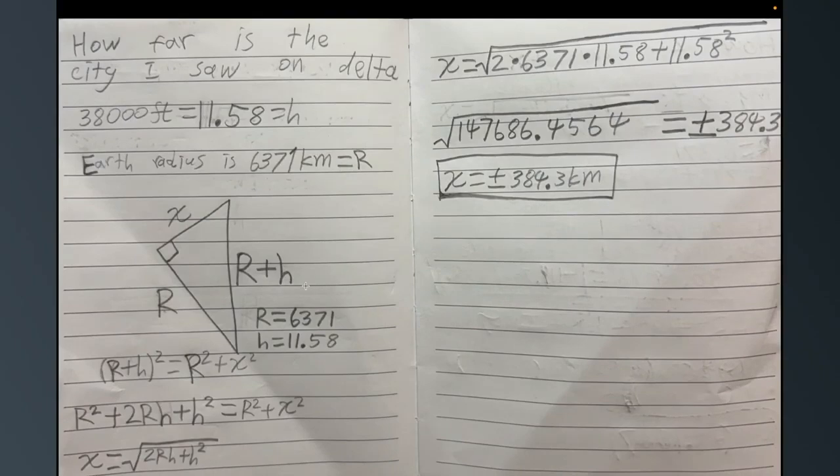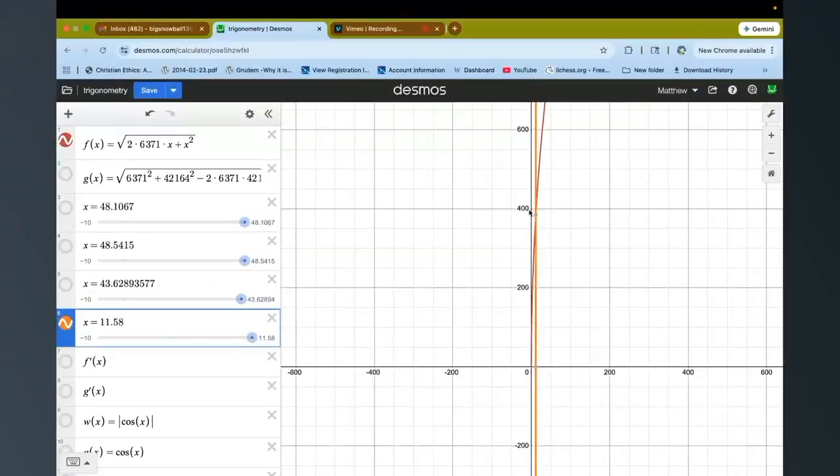Again, the radius of the Earth, and so on. Convert 38,000 feet to kilometers. And we get the distance x, the tangent line, is exactly this number here, which is about 384.3. It's probably an irrational number, but approximately that.